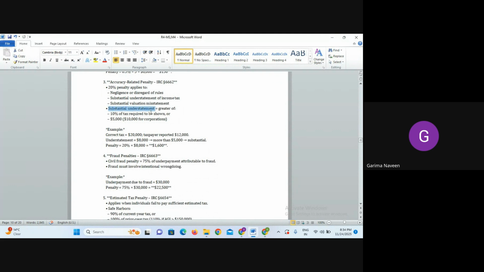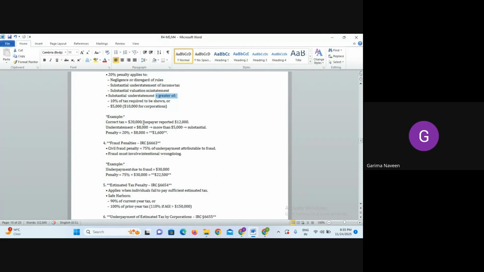In case of substantial understatement, the penalty will be the greater of 10% of the taxes required to be shown, like how much tax you have hidden, or $5,000, or up to $10,000 for a corporation. Whichever is the greater amount, you have to pay that amount to the IRS.